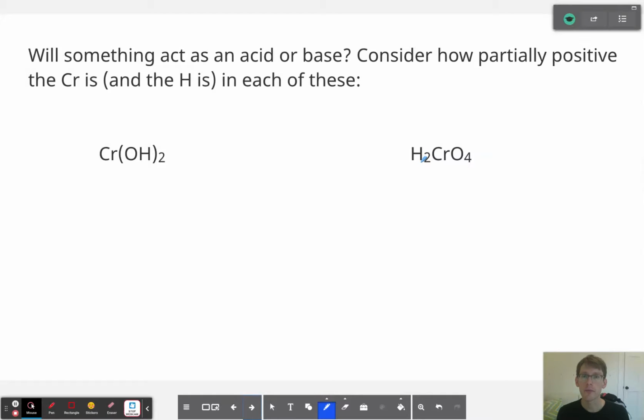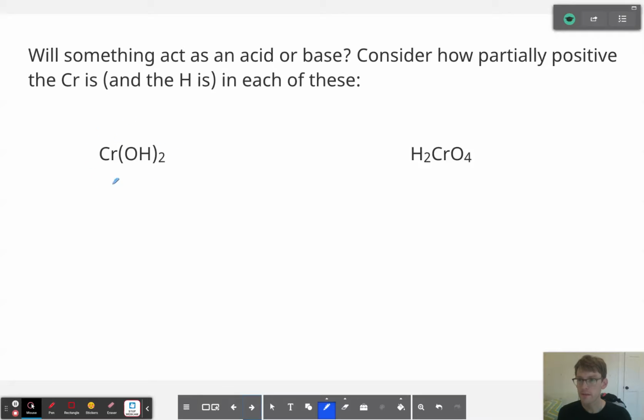But if not for the way that they were presented, you might wonder, how do you tell? Like if this were H2CrO2, if that's the way it were mentioned, or some other way, CrH2O2, whatever, and it didn't have the hydroxide in parentheses, how would you know if this is an acid or a base or neither?